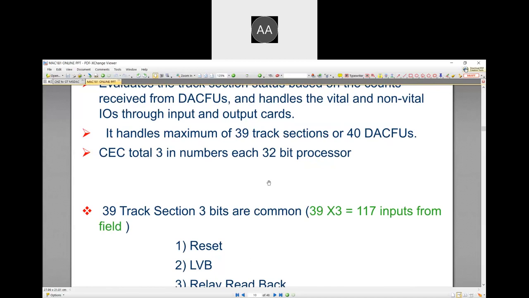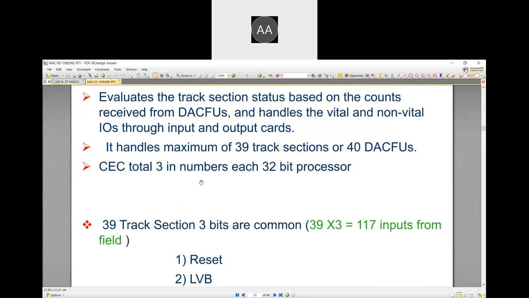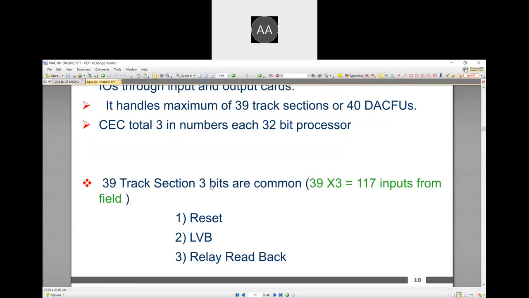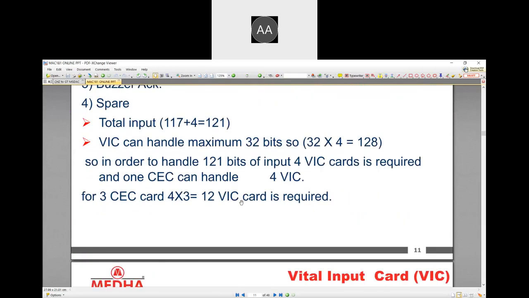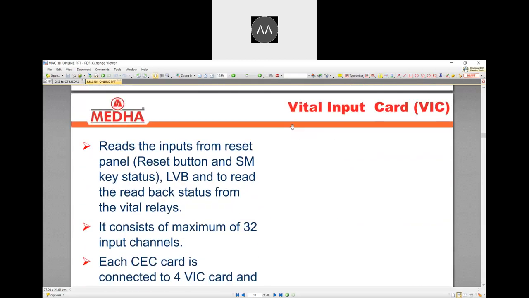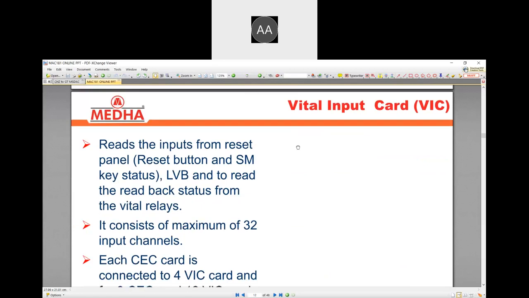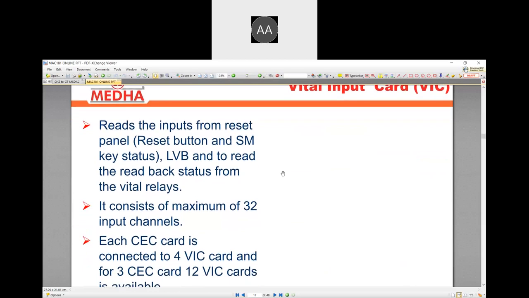Along with these 32-bit processors, we will have individual input cards. So let's see the input card first. The input card is known as VIC in our system, that is vital input card, and each vital input card is designed to take care of a maximum of 32 inputs.